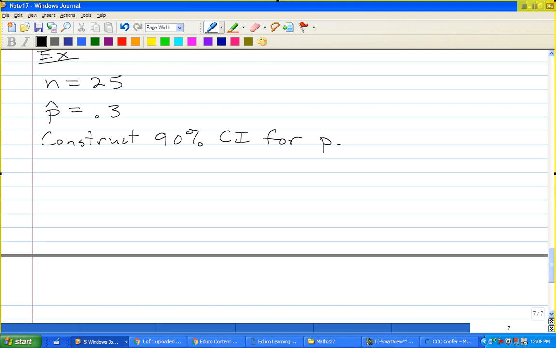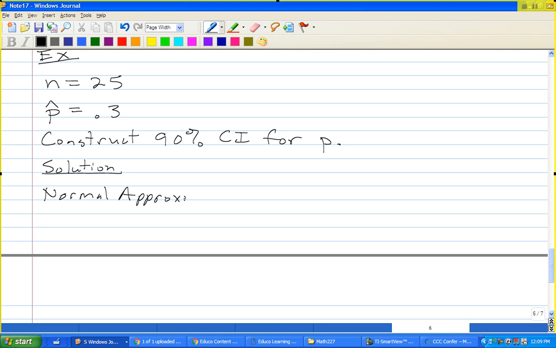So let's do this. So let's check if the normal approximation is applicable.